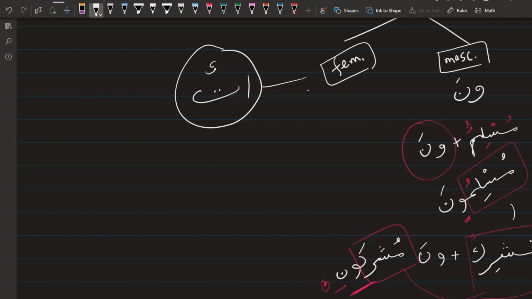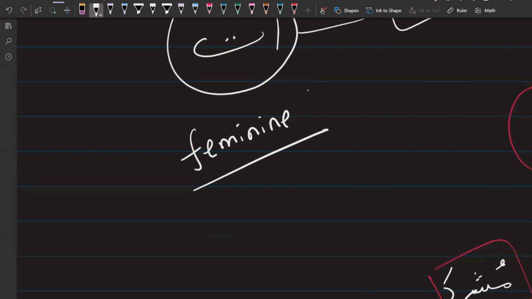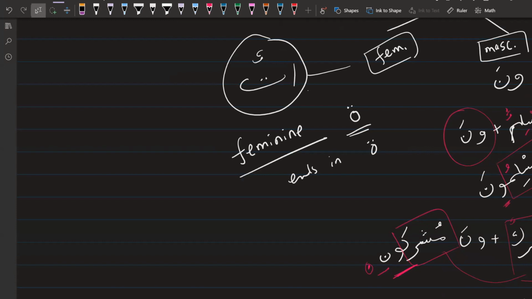Now, what kind of word should you add alif and ta to? Any word that is feminine. Think of it in a simple way: if it ends in ta marbuta, then you can make it into plural by adding alif and ta.